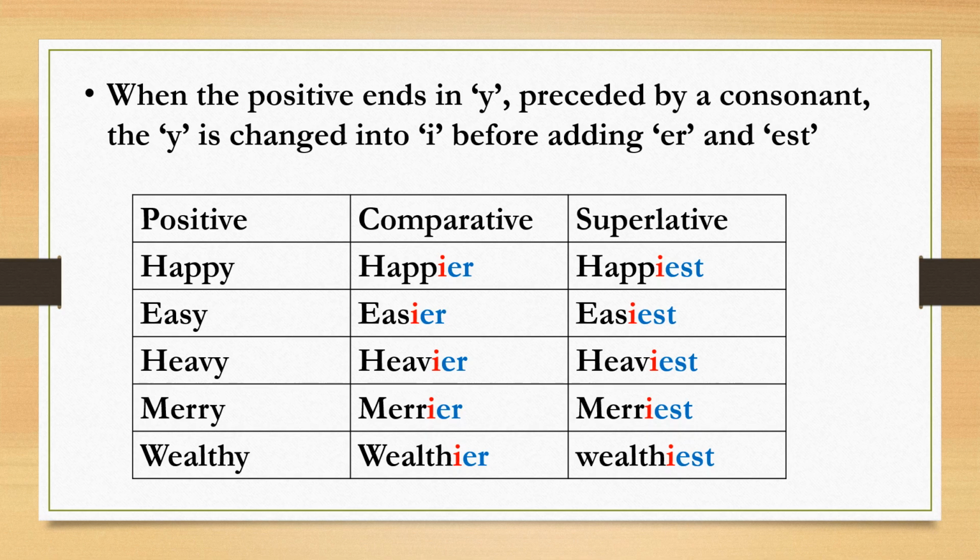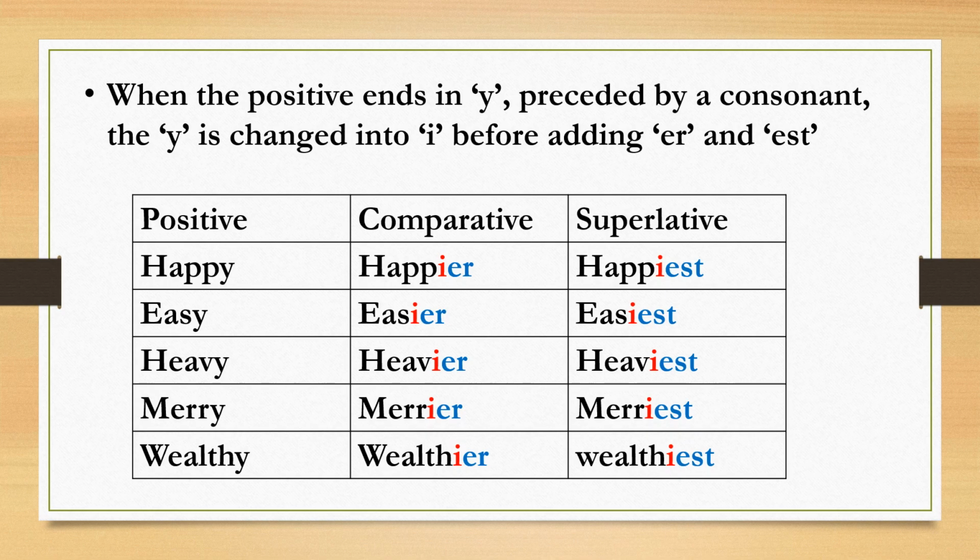Now, the word happy in the positive will become happier in the comparative and happiest in the superlative. Notice the difference. The letter y is replaced by the letter i.